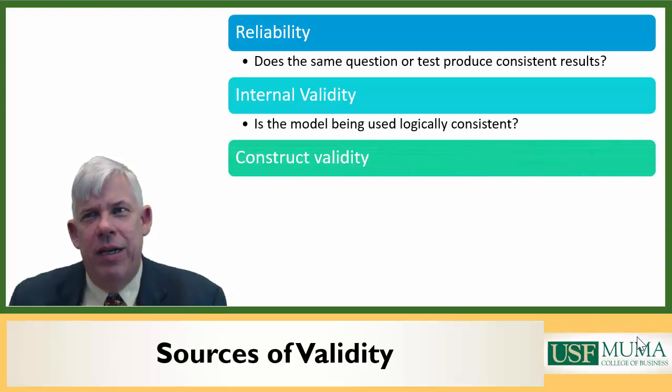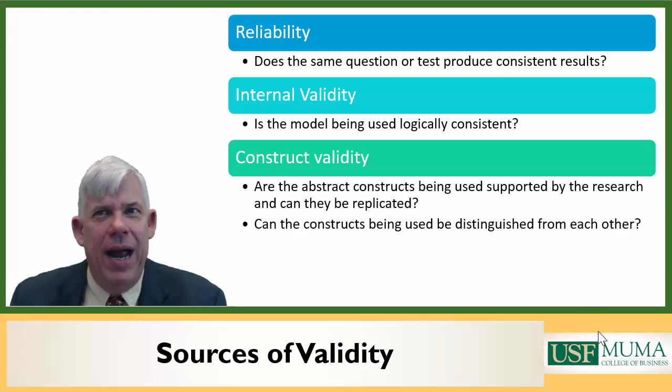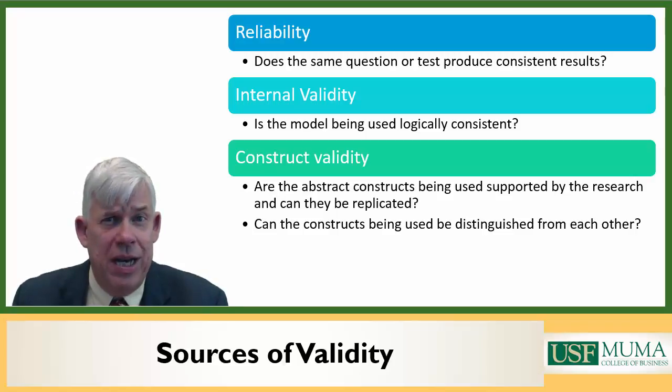Another type of validity is construct validity. Very often in research we use abstract constructs as part of a theory. The question is, can we tell these constructs apart, and can we provide a basis in our research for understanding the constructs? So, for example, motivation is a construct. So when we talk about motivation, are different researchers talking about the same thing?